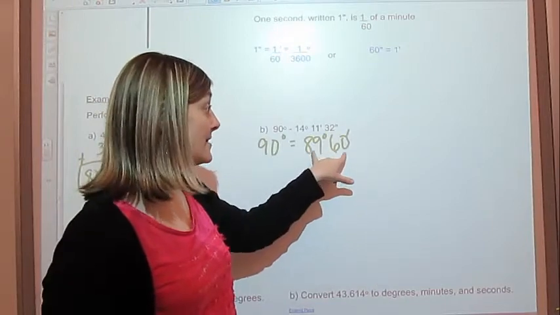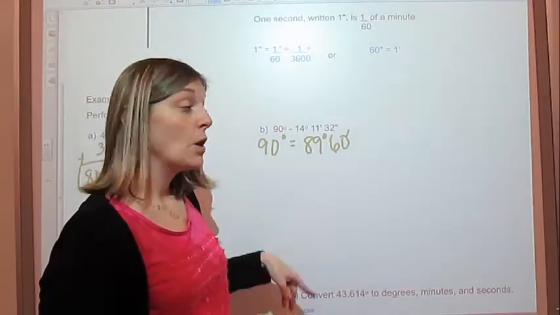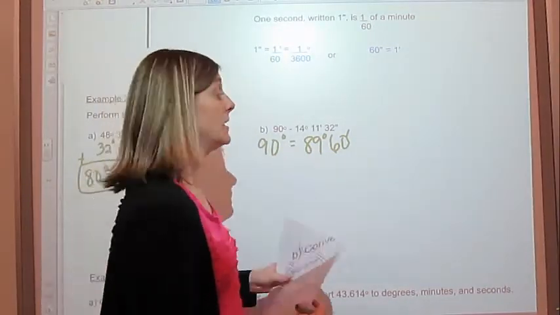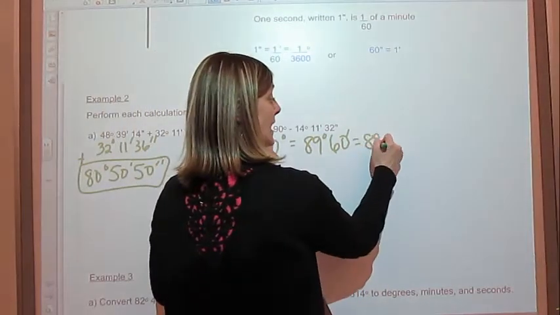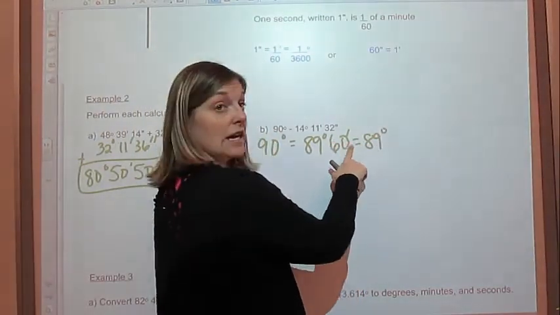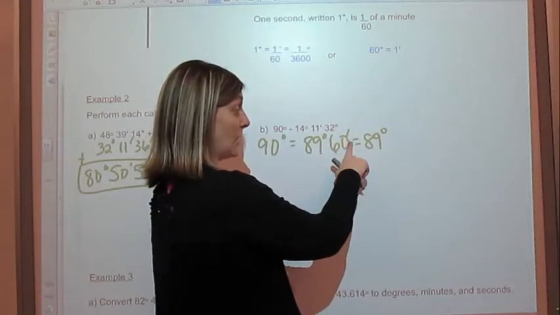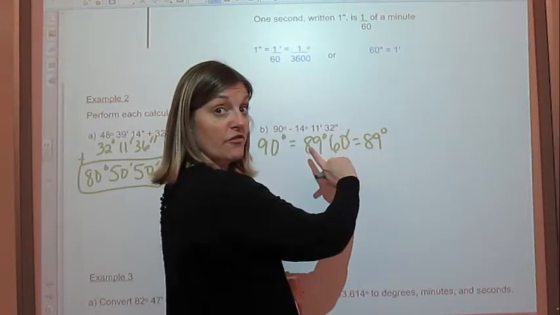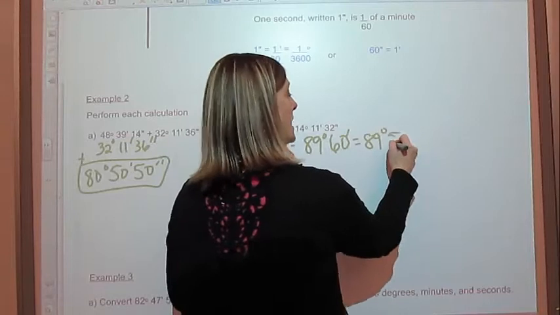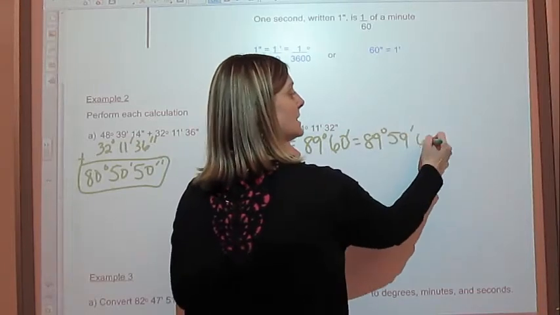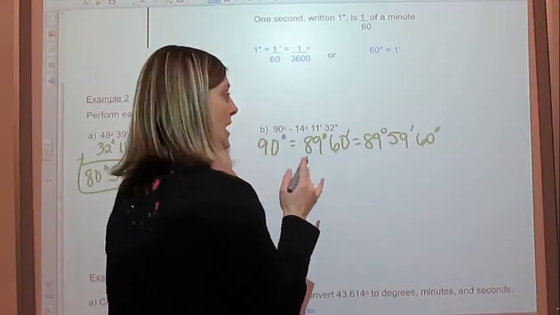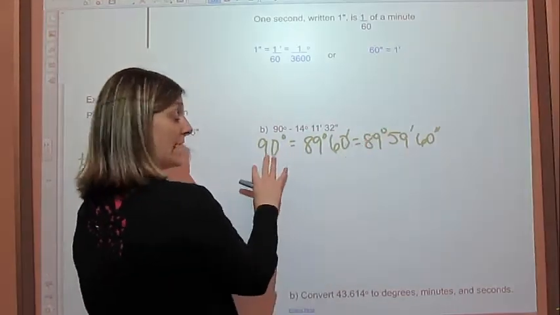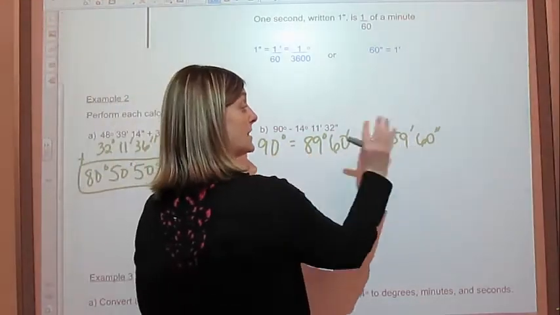So now this is the same thing as 90 degrees. Well, we can also rewrite that as 89 degrees. We can take a minute out of this and convert that into 60 seconds. So now it's 59 minutes and 60 seconds. Okay? So this is all equal to 90 degrees. All of these things are the same value.